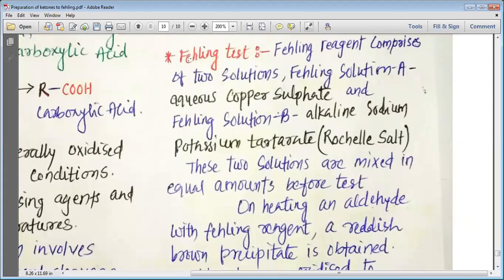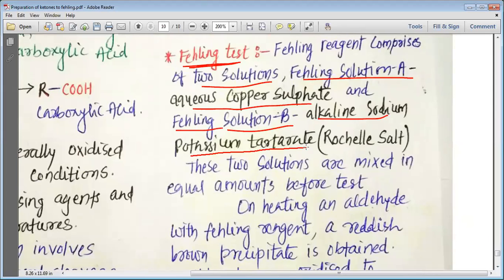In the same way, my dear students, we have the Fehling test. Fehling reagent comprises two solutions. One is known as Fehling A solution, which is aqueous copper sulfate. The other is known as Fehling solution B, which is alkaline sodium potassium tartrate, also known as Rochelle salt.